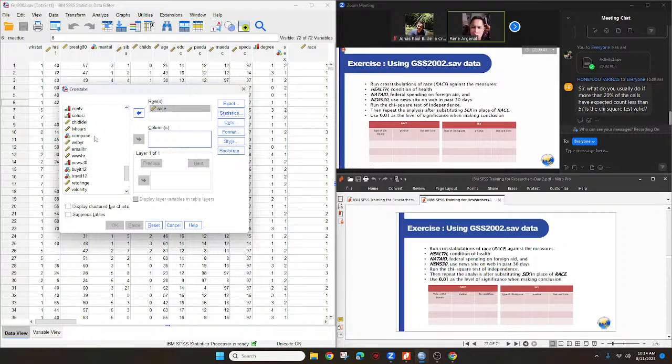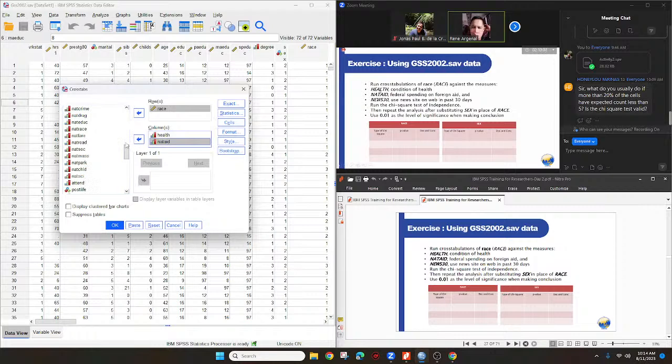I think we need two for race and two for sex. So you must have a table, with the types of chi-square and then the p-value.